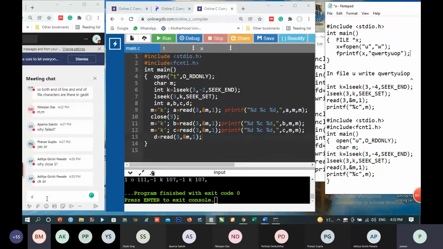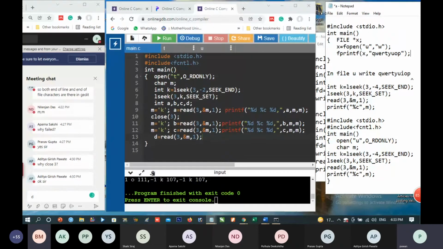But when we make a file by an automatic method, that extra character does not come and things become identical.